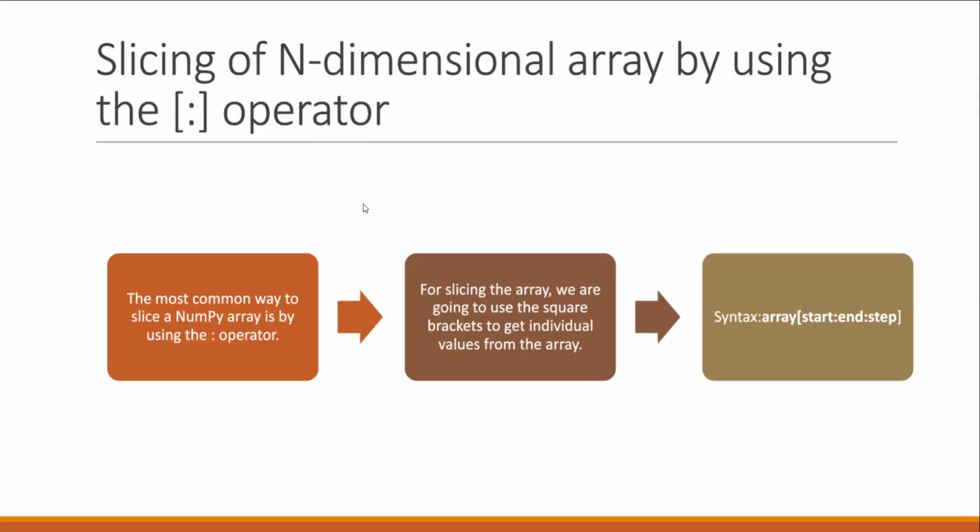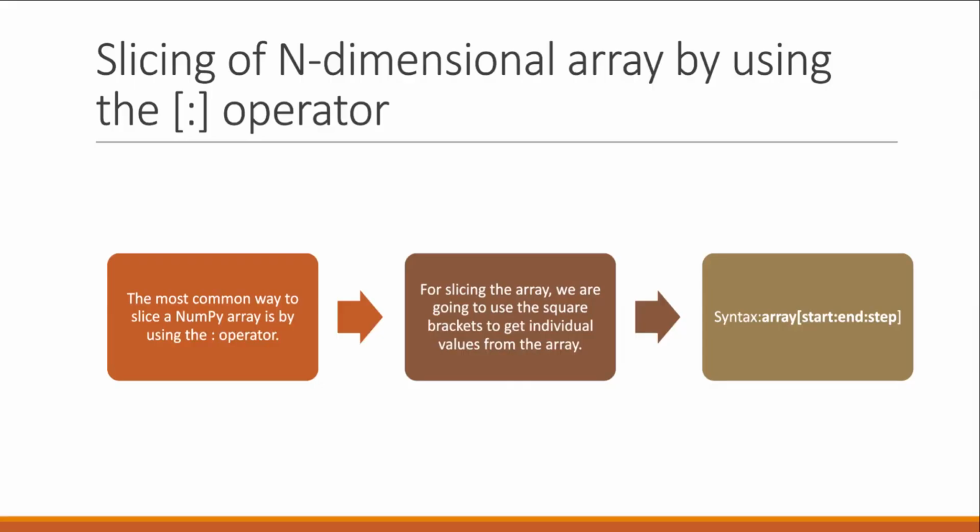We are going to use square brackets to get individual values from the array by using this syntax. So here is the syntax of the slice operator, where array is the array object name. The first parameter is start. This parameter specifies the beginning index, and the next parameter is end. It indicates the ending index. The last one is step.